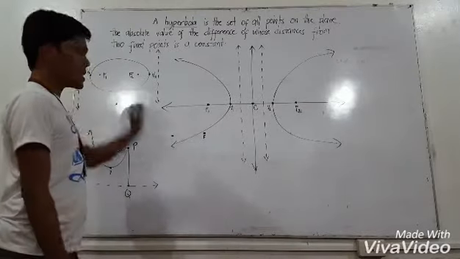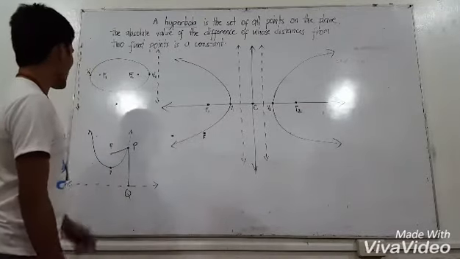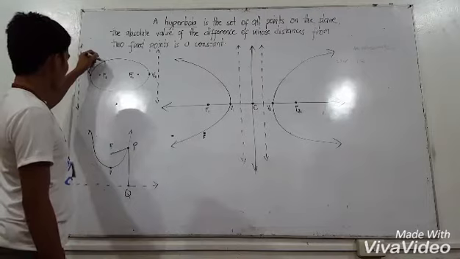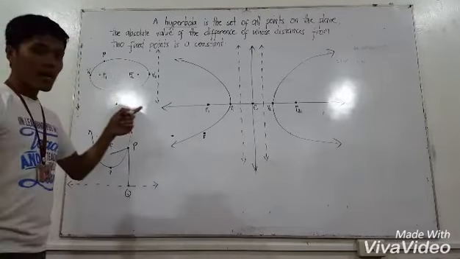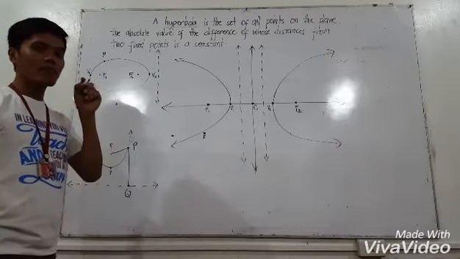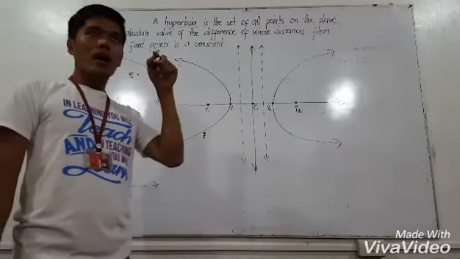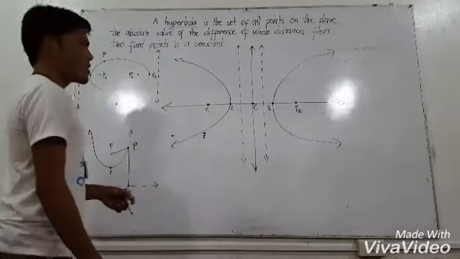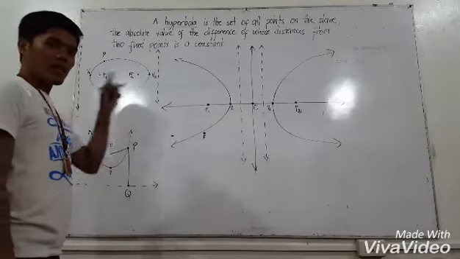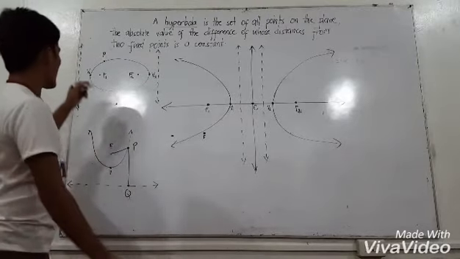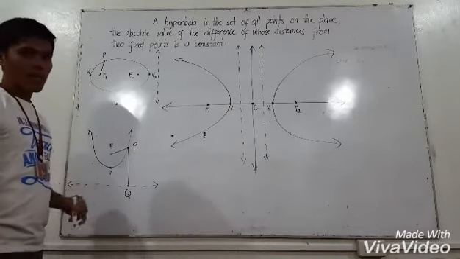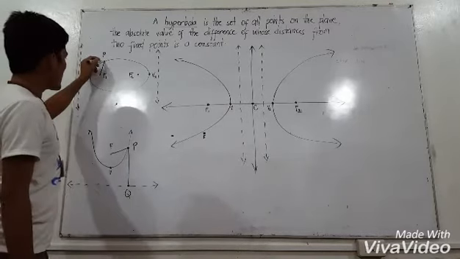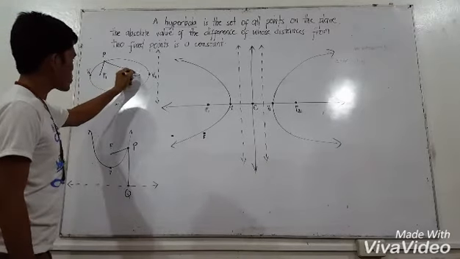For an ellipse, if you can still recall class, if you have a point P, the sum of the distances from the fixed points to the point on the ellipse is constant. We have P to F1 plus P to F2.